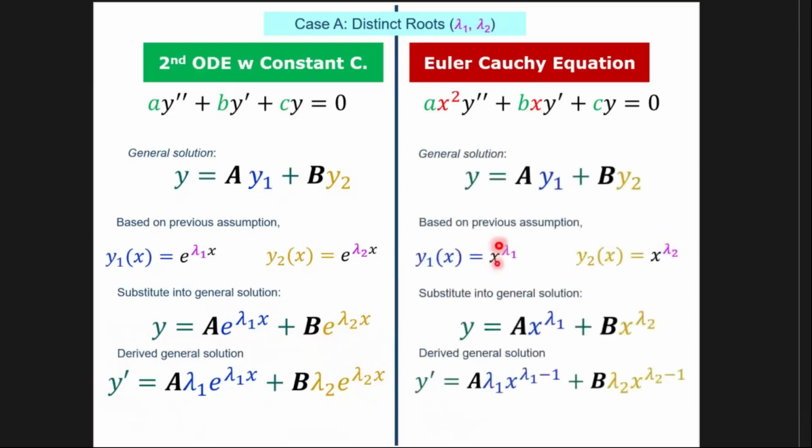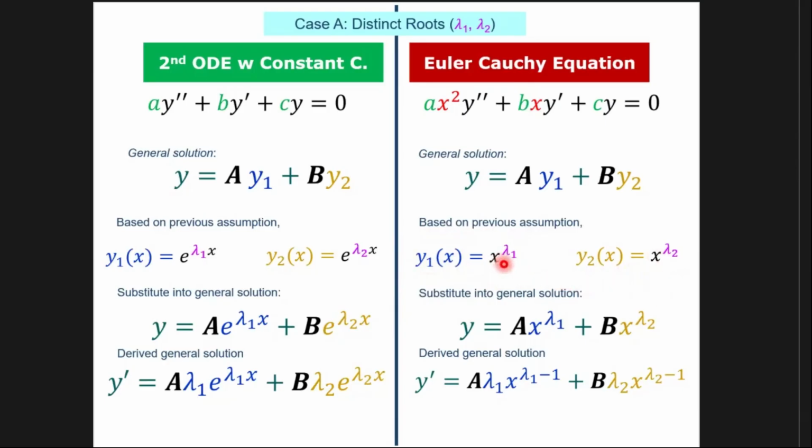All right, for the Euler-Cauchy equation, it has the same general solution because both are linear homogeneous second order ODEs. But the difference is again the y assumption, where for y1, the assumption is x to the power of lambda 1, and for y2, the assumption is x to the power of lambda 2.